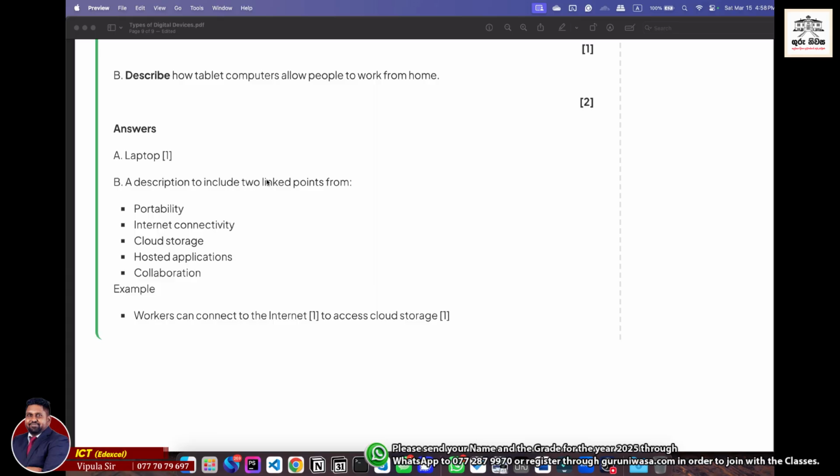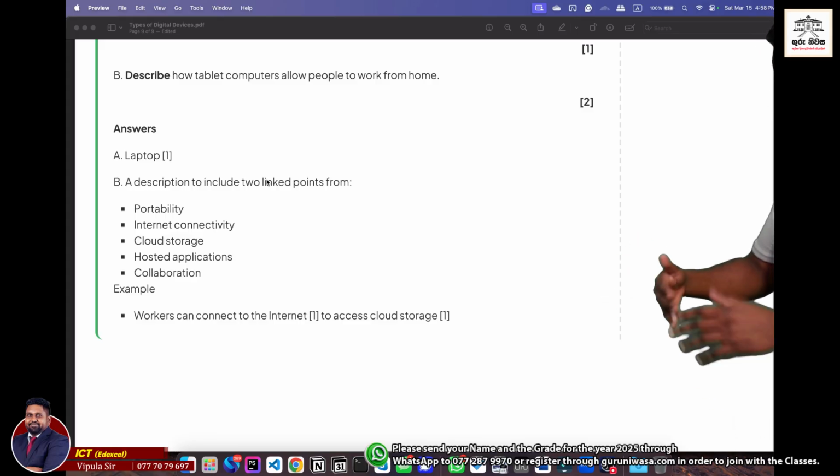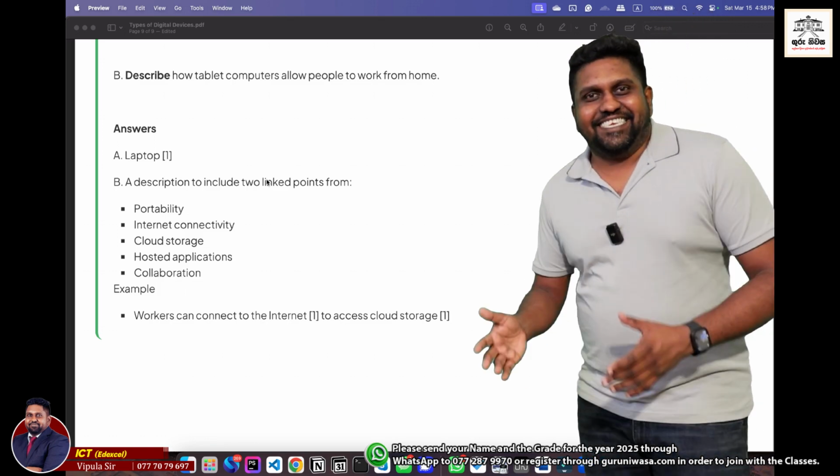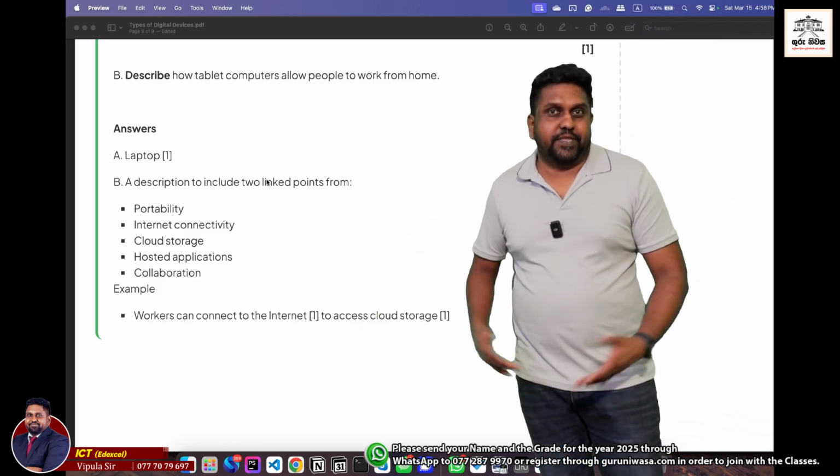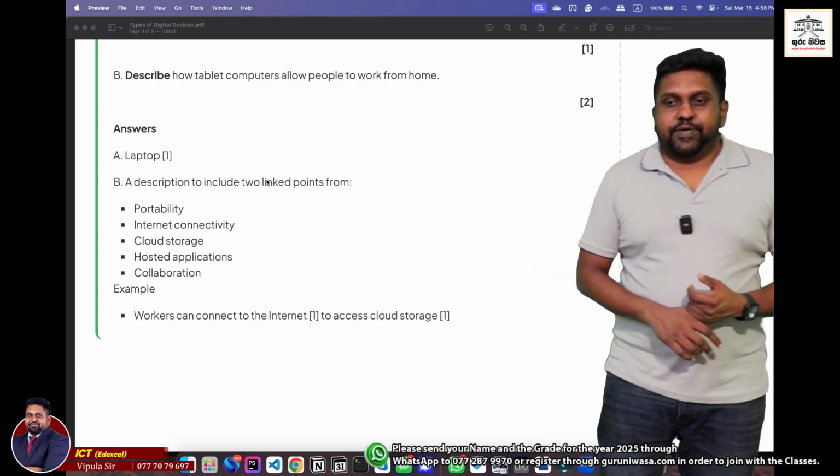I believe the most important points would be portability and internet connectivity, because the other three items are not specific to tablets. As they say, it's correct in the answer, but from my point of view, it's not exactly matching the scenario, because these three are something you can do with any device, right?